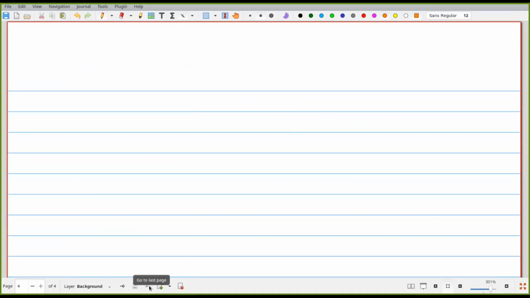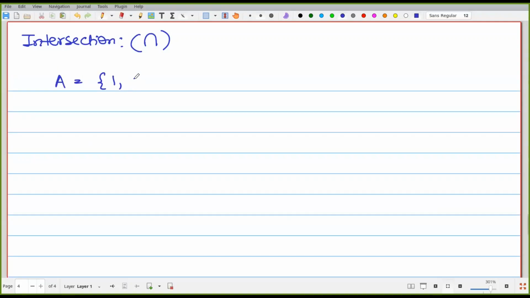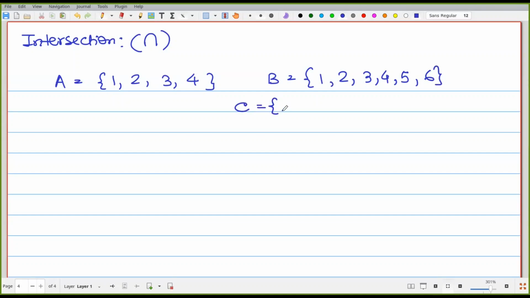Second operation is called the intersection. That means which elements are common, written in the form of a reverse U. Suppose A is {1, 2, 3, 4}, B is {1, 2, 3, 4, 5, 6}, C is {1, 2, 7, 5}.